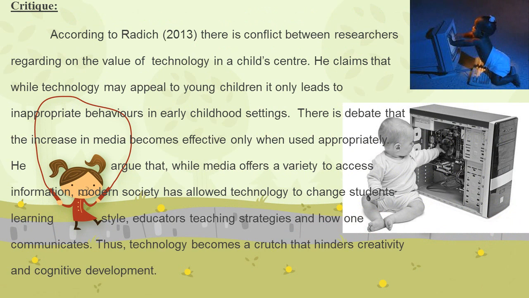According to research, there is conflict between researchers regarding the true value of technology in a child center. They claim that while technology may appeal to young children, it only leads to inappropriate behavior in the child center.